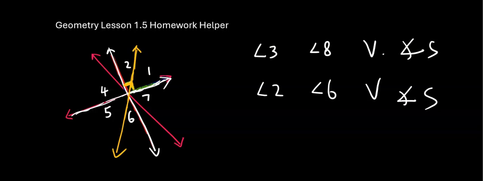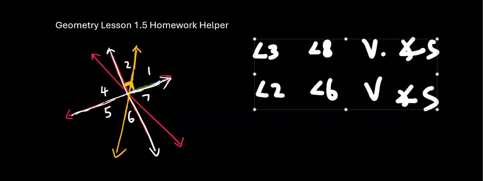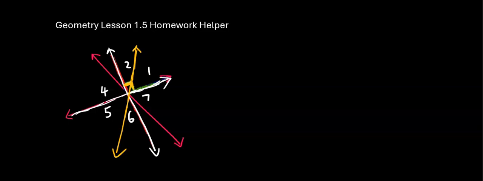Once again, if you want to type in the comment box, or tell me in class, you're welcome to participate. Can you find more vertical angles? Remember they're pairs. Okay, all right. Last one, I'm going to erase some lines here.